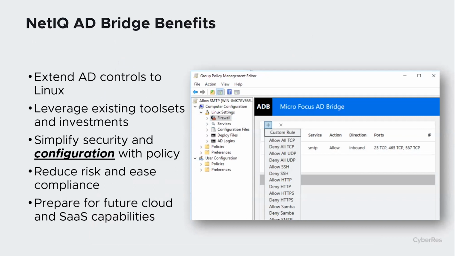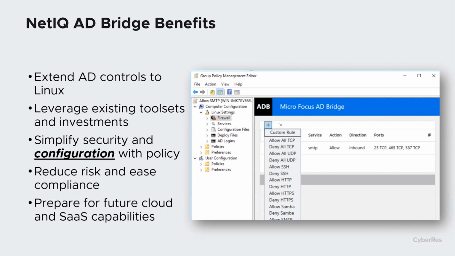So one of the primary things it does is it allows you to, as I said, extend those familiar Active Directory tools and methodologies that you've been working on into a new domain or into a new area. It allows you to take these policies that you've maybe had working for a long time within Windows, that are tried, tested, and true, and export them now and use them in new areas.